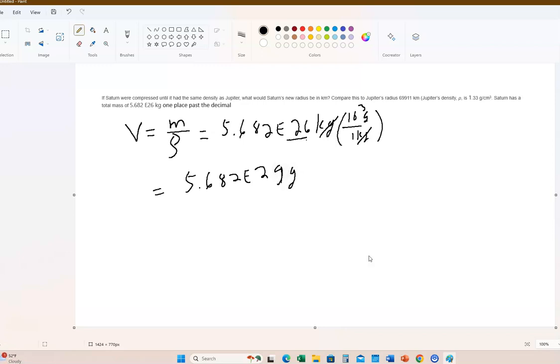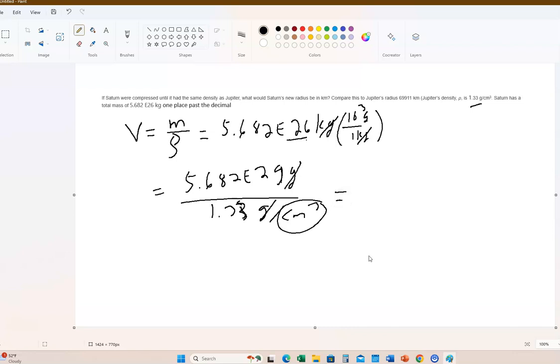And now I can divide it by the density of Jupiter, which is 1.33 grams per centimeter cubed. Then the grams cancel, and since this is 1 divided by centimeters cubed, the centimeters cubed comes up to the numerator.